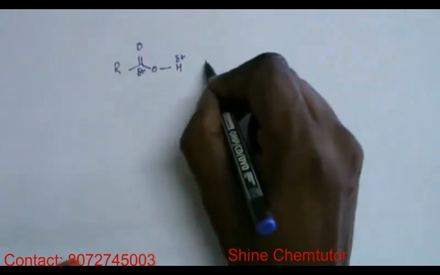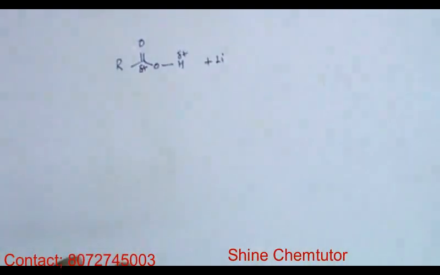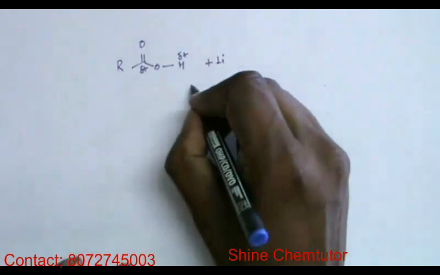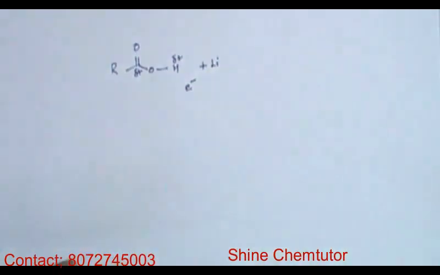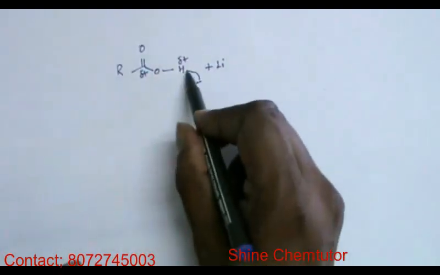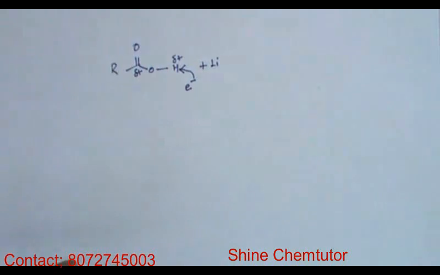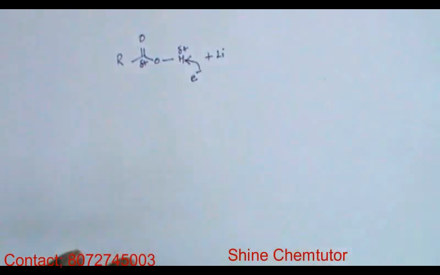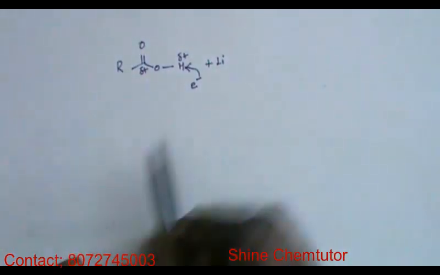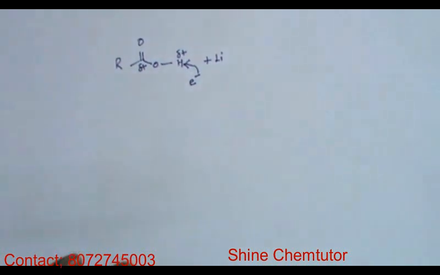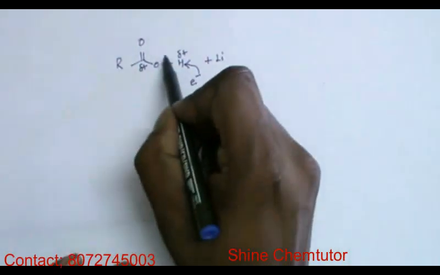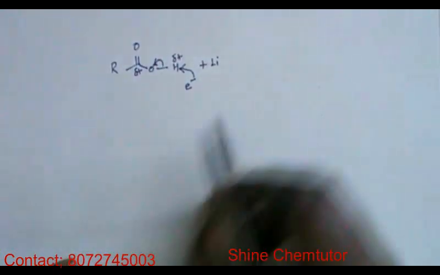Now what happens when I add lithium or sodium to this? Lithium gives one electron here. Remember, this minus you should not consider as carbanion. It is only one electron. One electron is donated to hydrogen. Then this goes over oxygen.